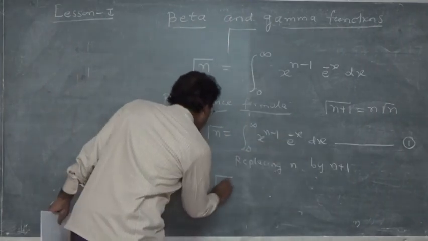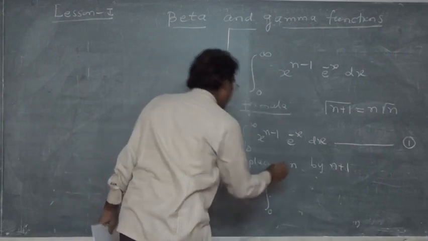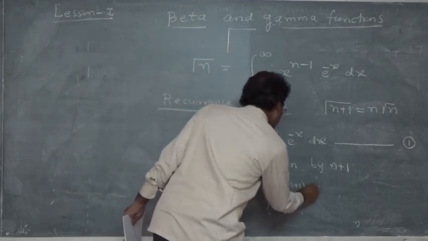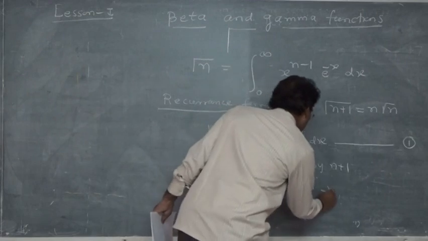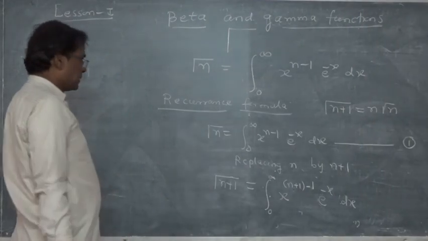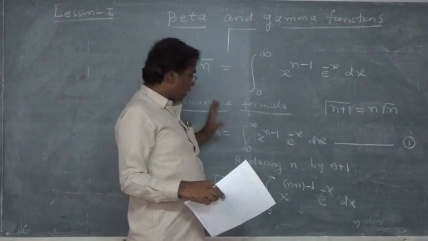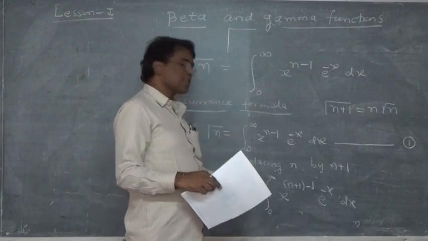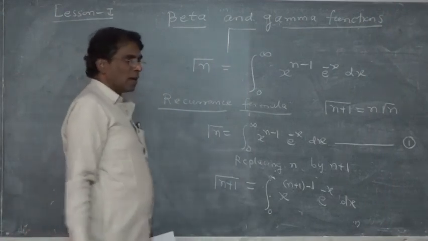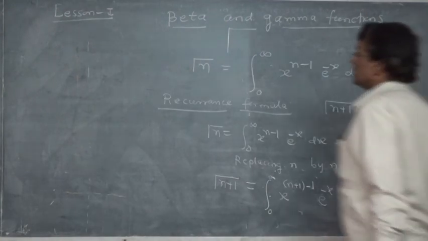So now this becomes gamma n plus 1 equal to the integral from 0 to infinity of x raised to n plus 1 minus 1, e raised to minus x, dx. What I did is, I defined the gamma function, and wherever it is n, I replaced it by n plus 1, so that the LHS becomes gamma n plus 1.